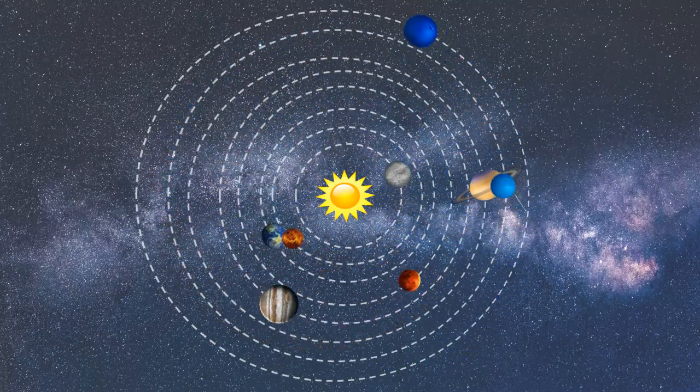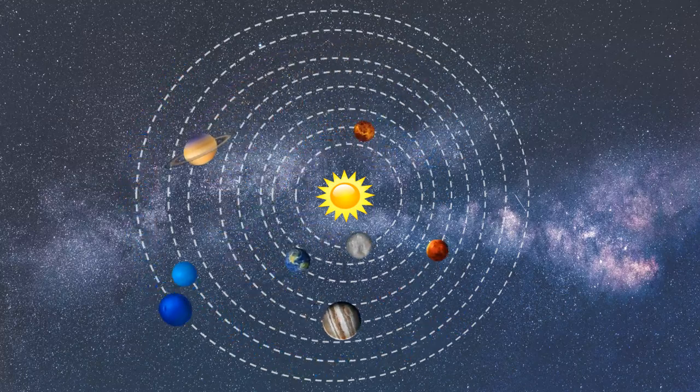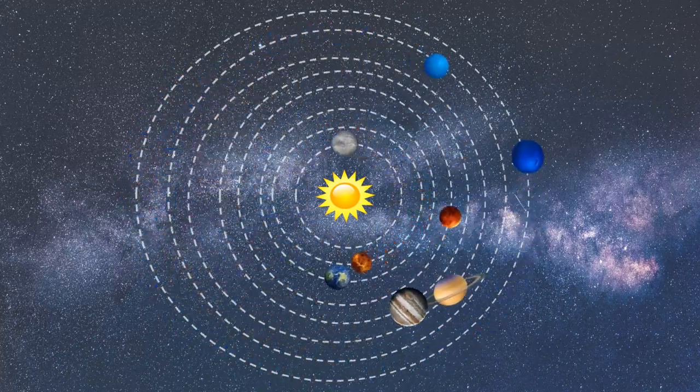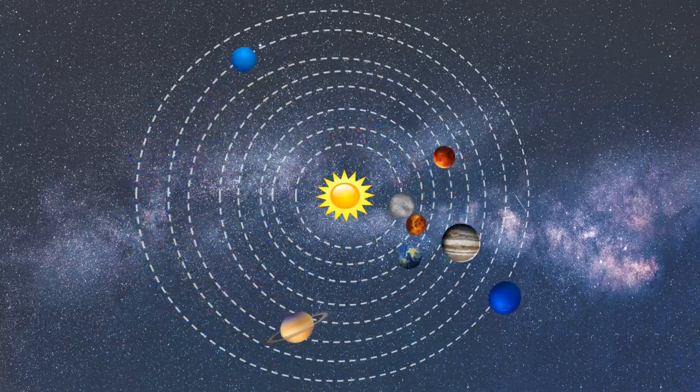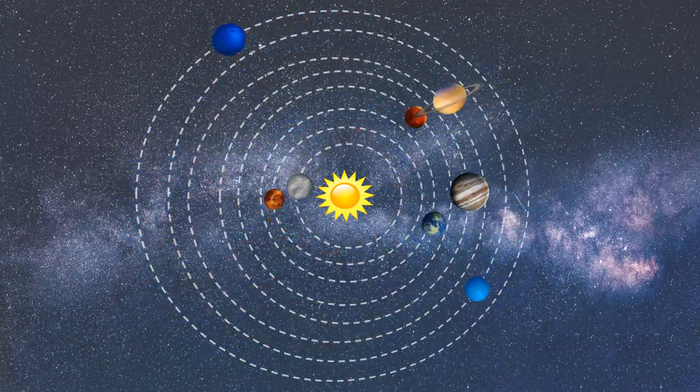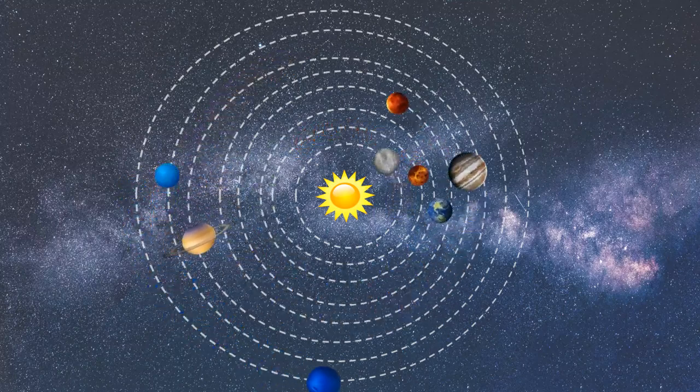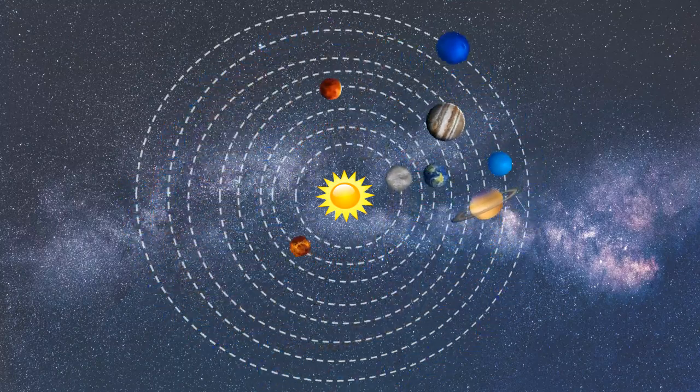Class, this is the video illustration of the solar system. It is composed of 8 planets, and the center of the solar system is the Sun.